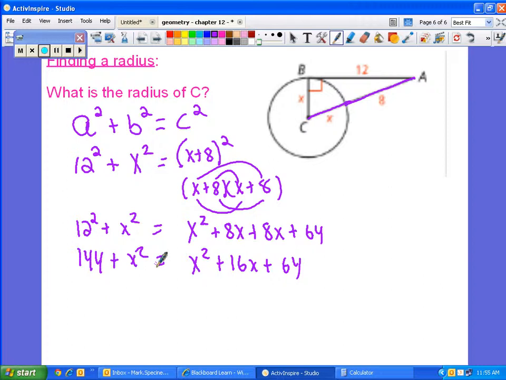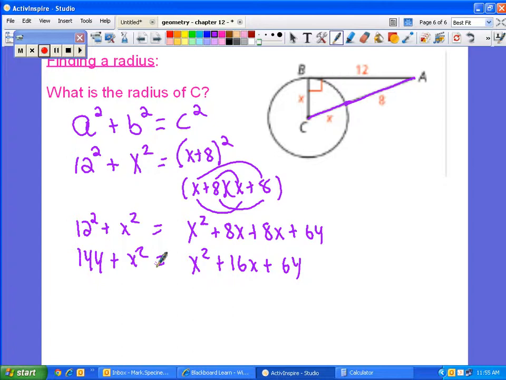Jonathan, what should I do now? Why can't I add x squared and 16x? Because they're different. That's right. They're not like terms.